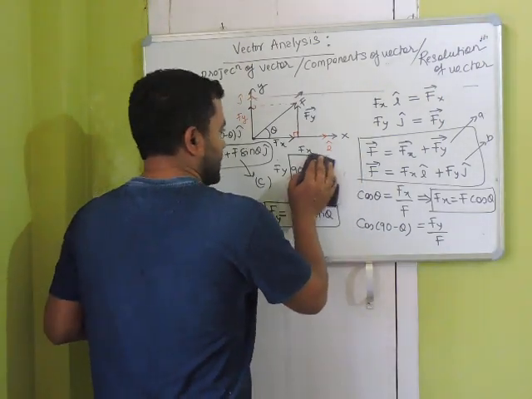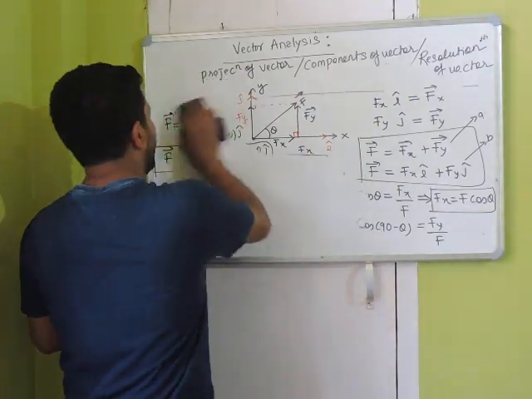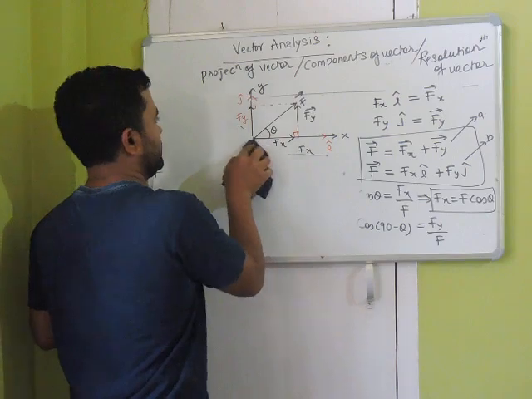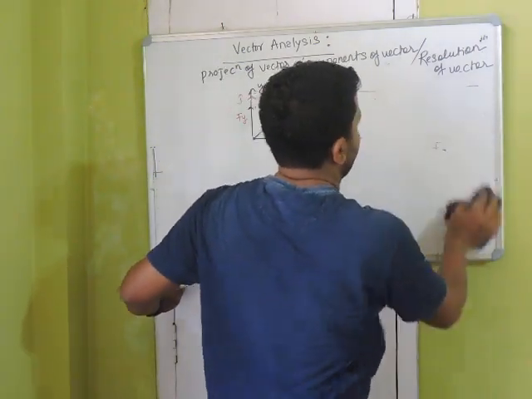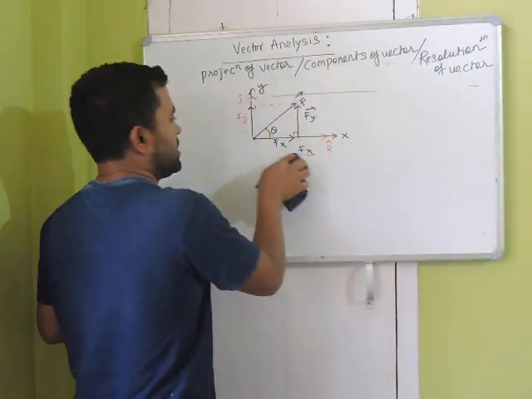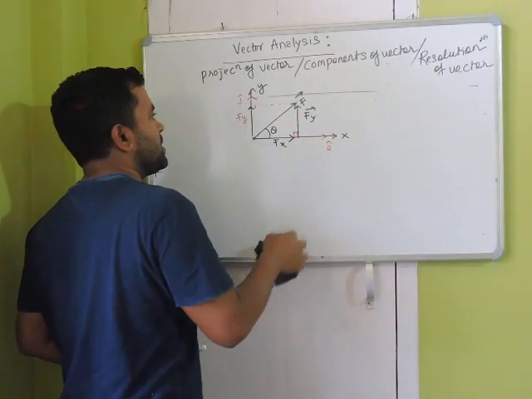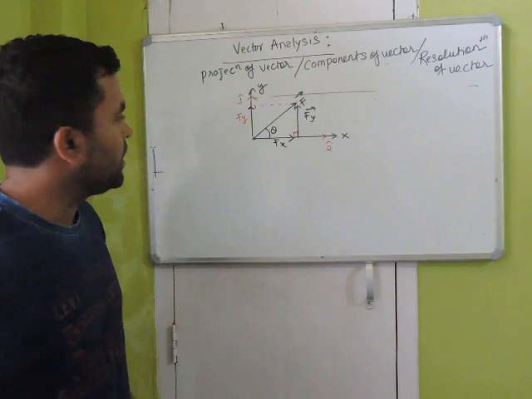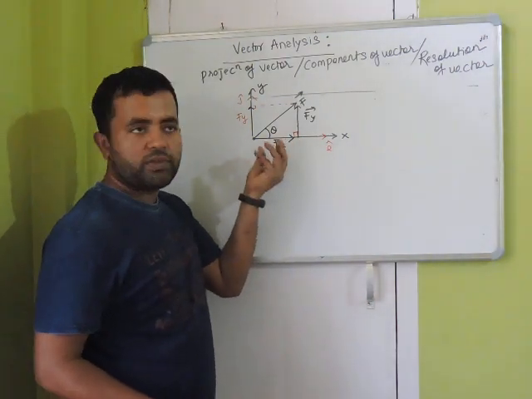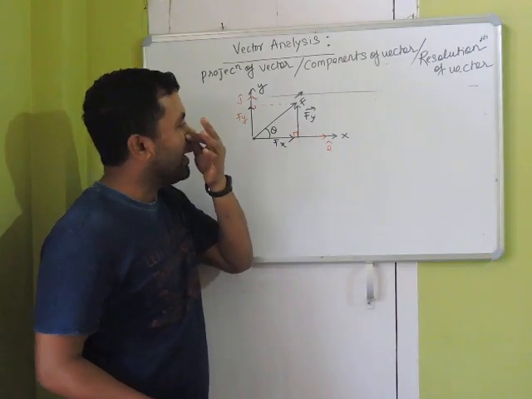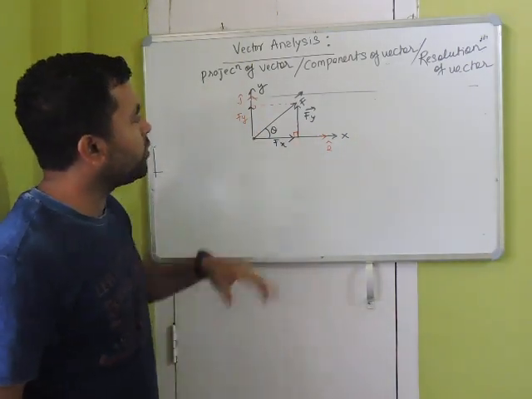Now let us try to understand again what is component. As I told you, component of a vector is a scalar quantity. When you multiply with a unit vector which gives direction, then it gives you a new vector. Now how do we find what is Fx?